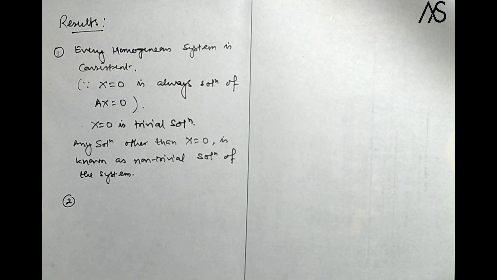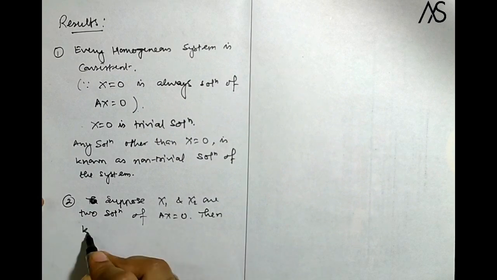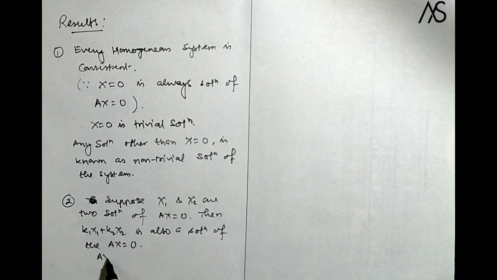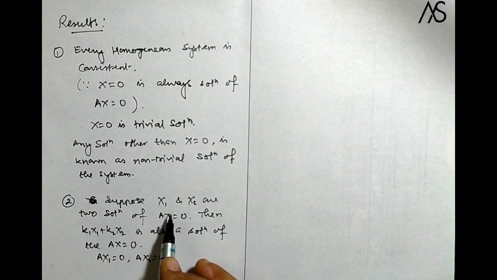Result: suppose x1 and x2 are two solutions of a homogeneous system, then k1 x1 plus k2 x2, where k1 and k2 are scalars, is also a solution of Ax equals to 0. You can easily prove it because Ax1 equals to 0 and Ax2 equals to 0, since x1 and x2 are solutions and must satisfy this relation.